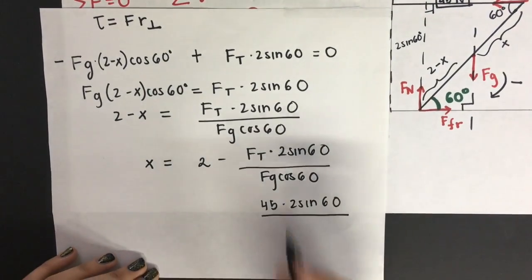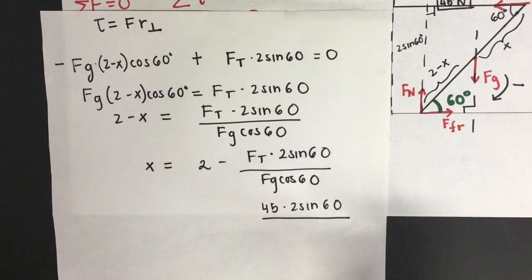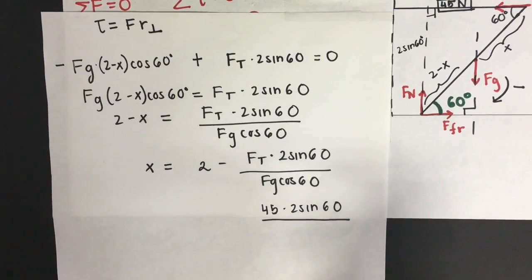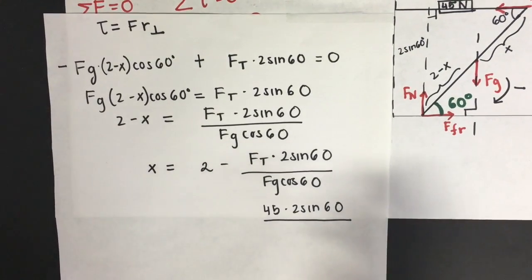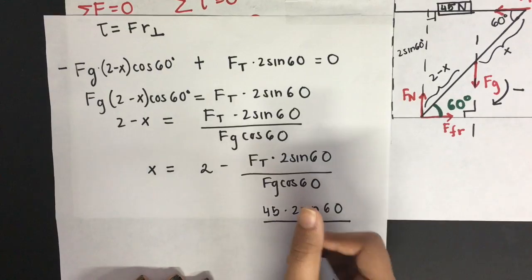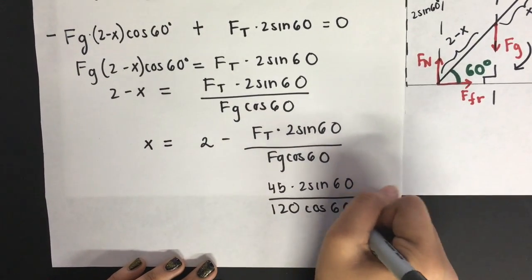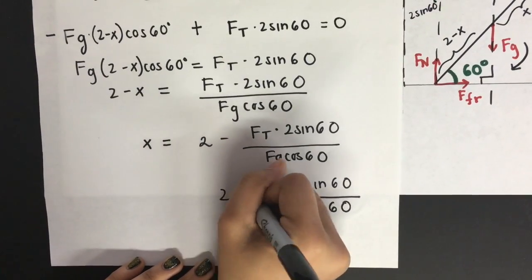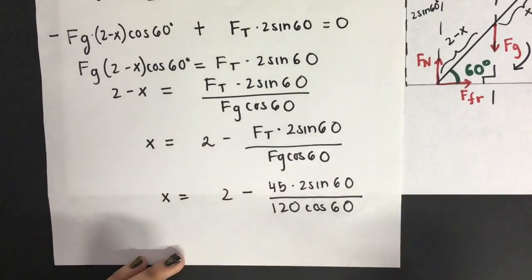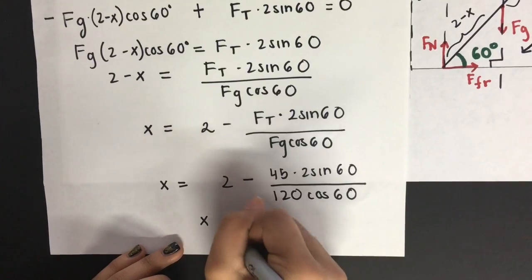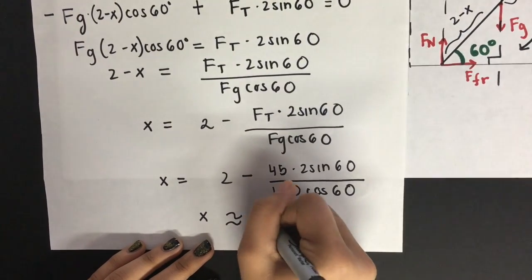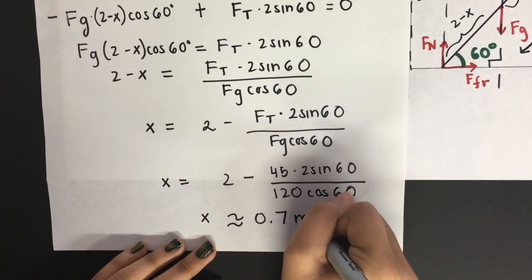And as I said before, Fg is basically m times g. M is given to be 12 kilograms, and g is 10 meters per second squared, so that would be 120 times cos of 60 degrees, and then 2 minus this equals x. So x is about 0.7 meters.